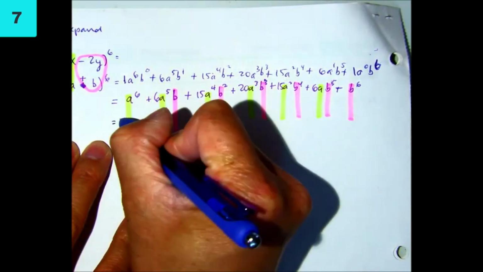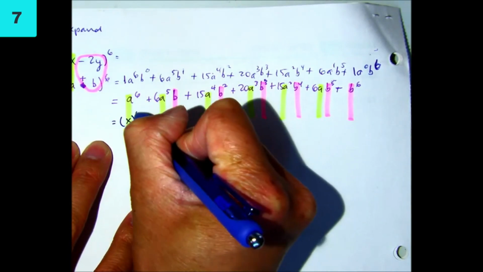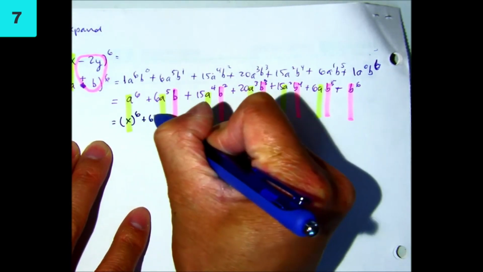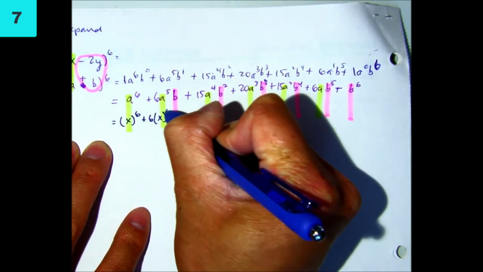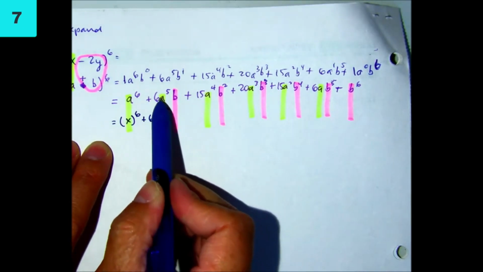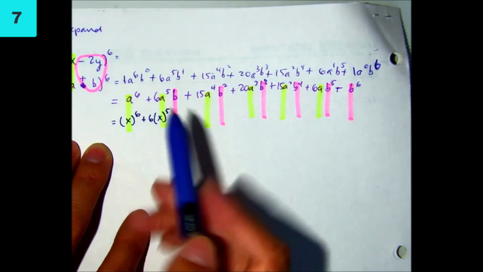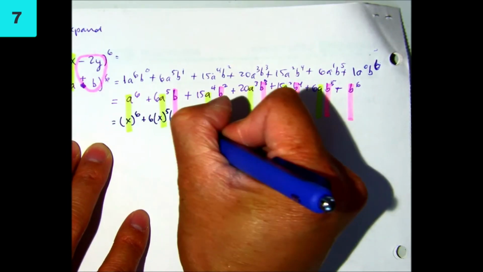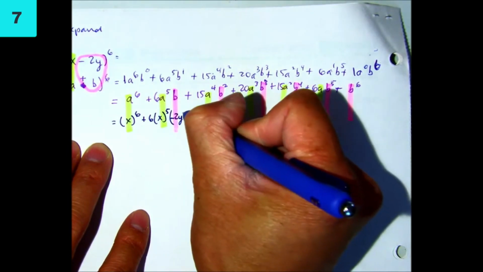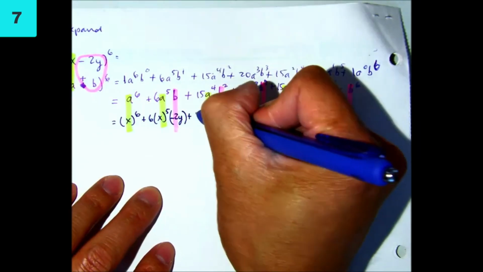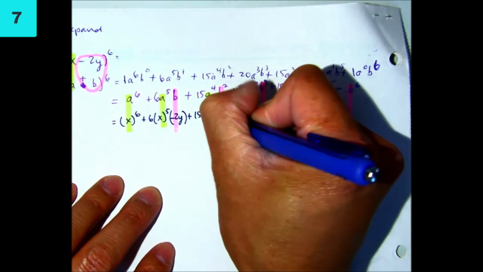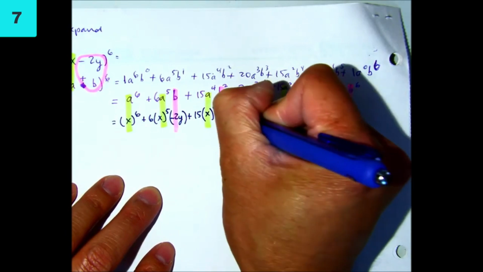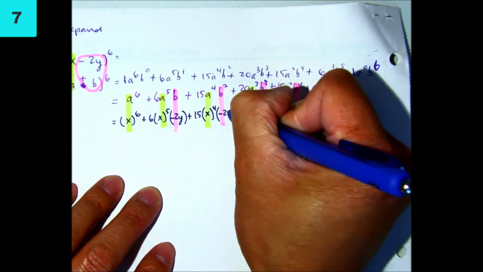I just get x to the 6 plus 6 times x to the 5th. And did you notice my substitutions for the a value is still in parentheses? My b value is negative 2y plus 15 x to the 4th (negative 2y) to the power of 2.